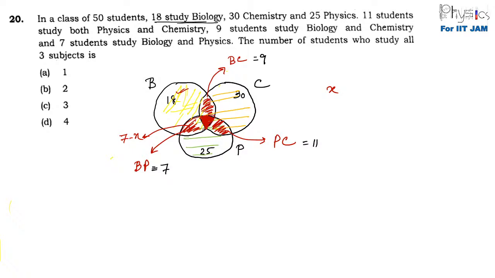BP was this one, the total one, right? BP was 7, this total one. Now only BP is 7 minus X. Only PC is 11 minus X. Only PC, okay, I think I should draw it separately because you may get confused.